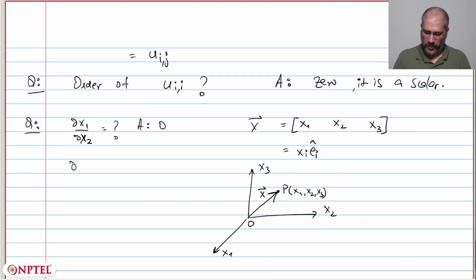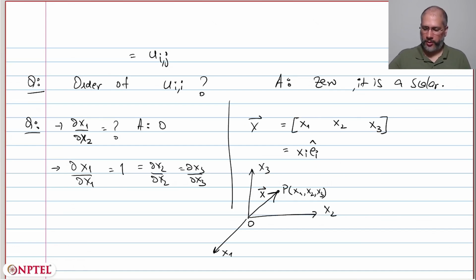And if I was to ask you what is del x1 by del x1, that will be a 1, which is the same as del x2 by del x2 and the same as del x3 by del x3.